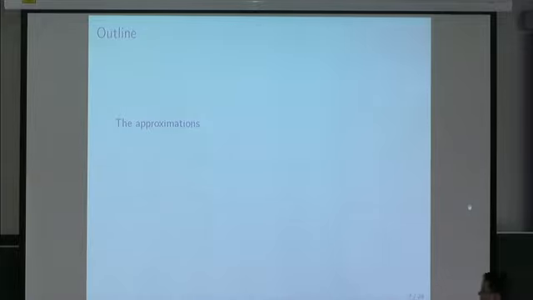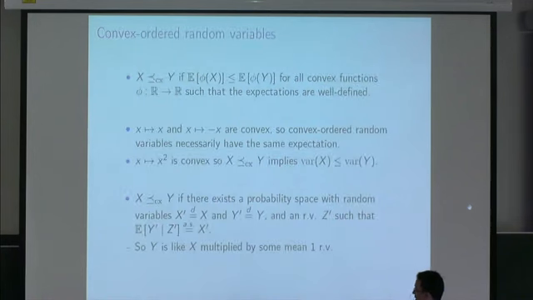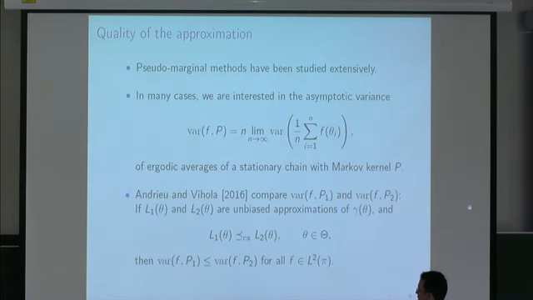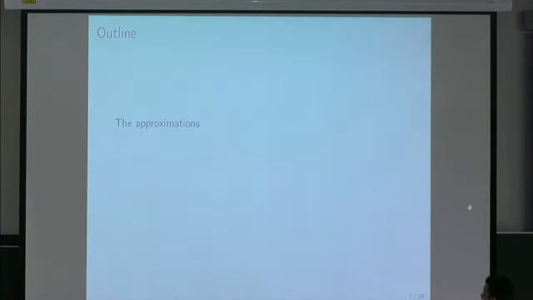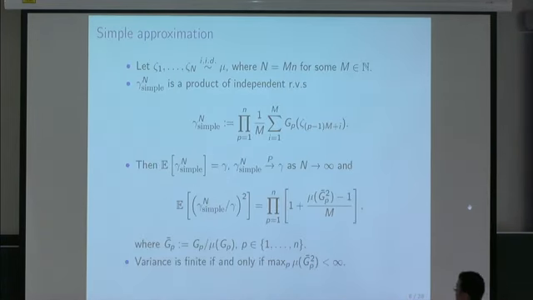So the relevance for the rest of this talk is that at least in some settings we're going to see that we can construct some convex ordered approximations of the likelihood function. On this slide you probably can see what you've already thought of as the simple way to approximate a product of expectations.